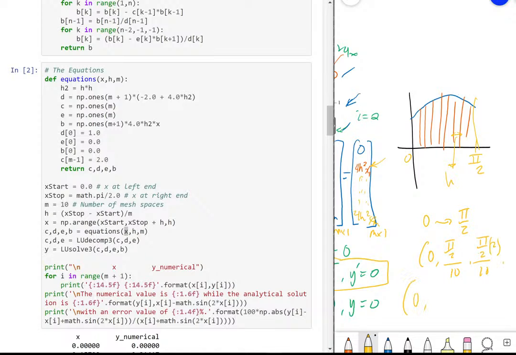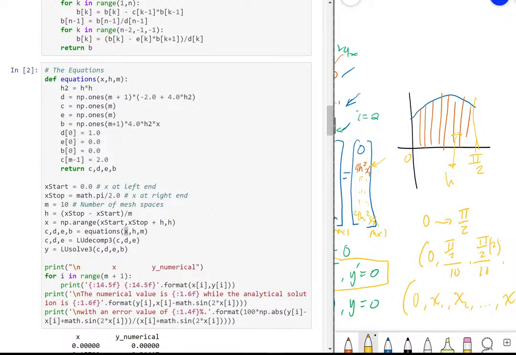So 0 value here, let's say x1, then x2 until x10, and then 11, and 2h. So the interval is, yeah, that's the idea.